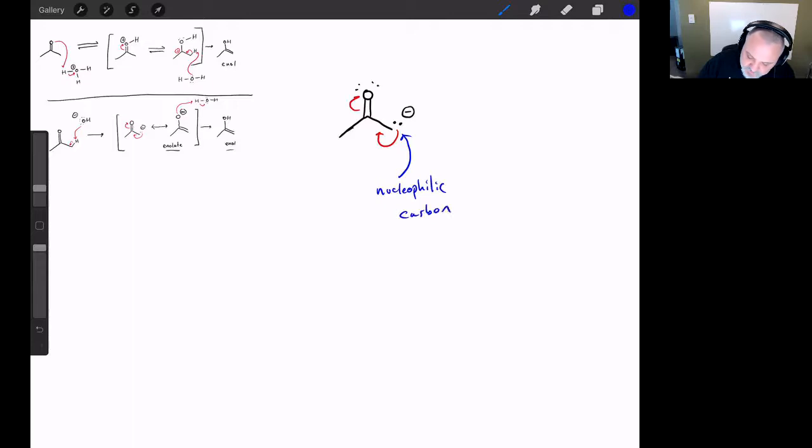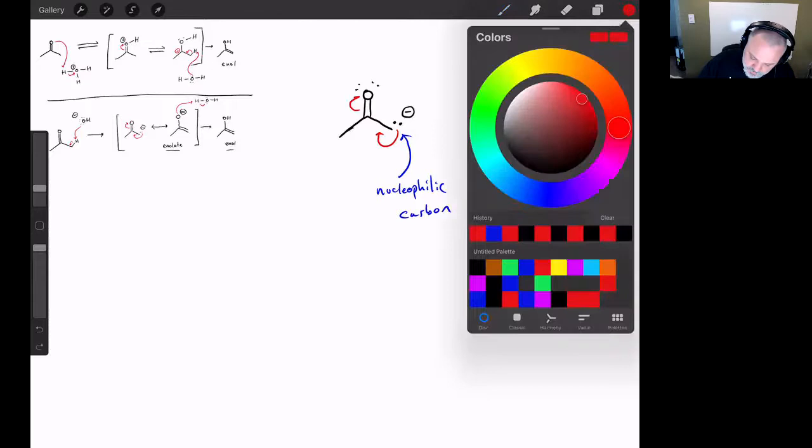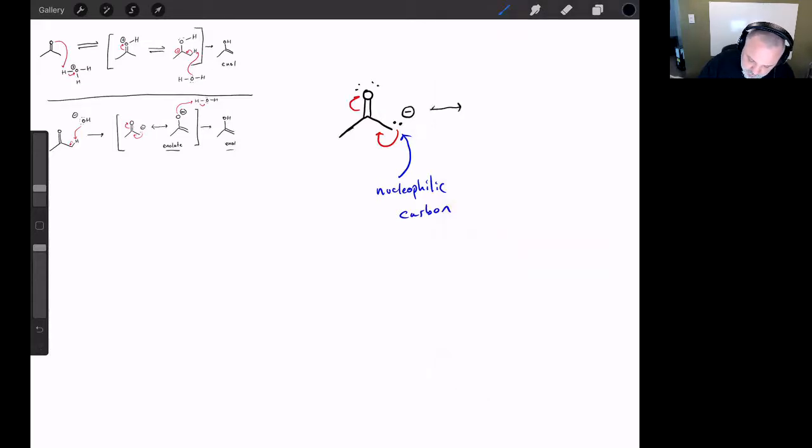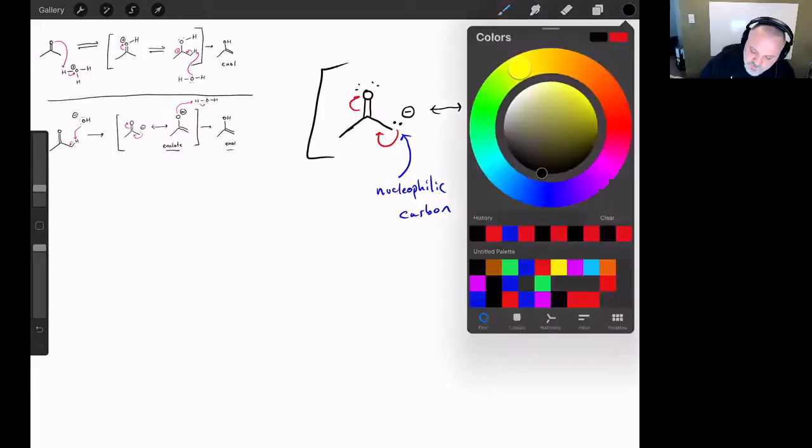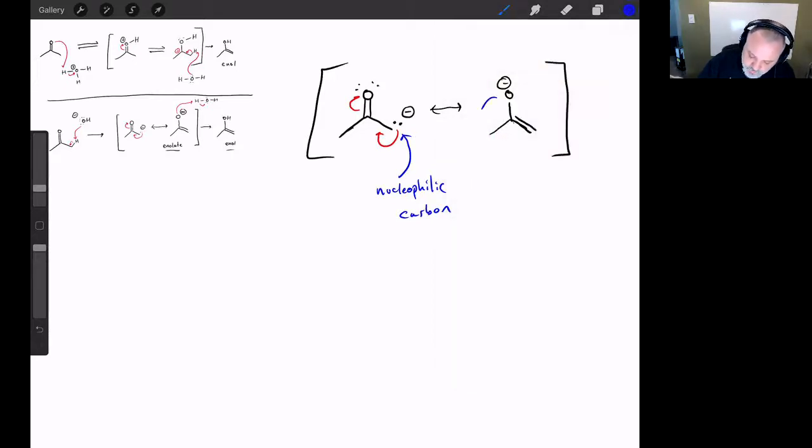When I show its resonance structure, it seems like also the oxygen is nucleophilic. And this, in fact, is the case.